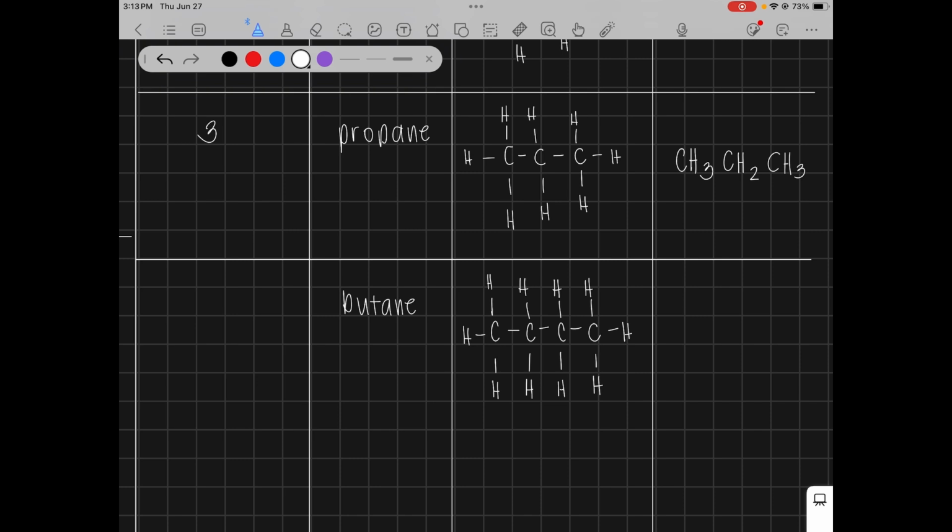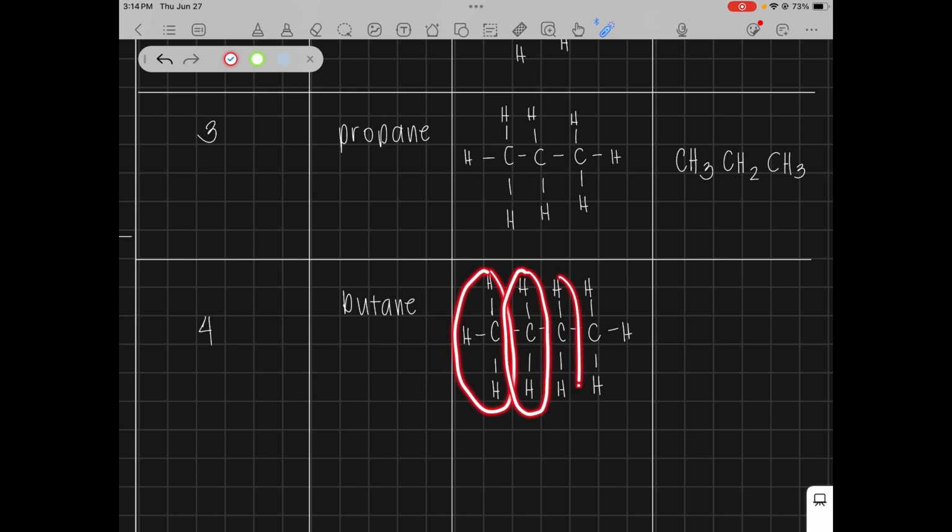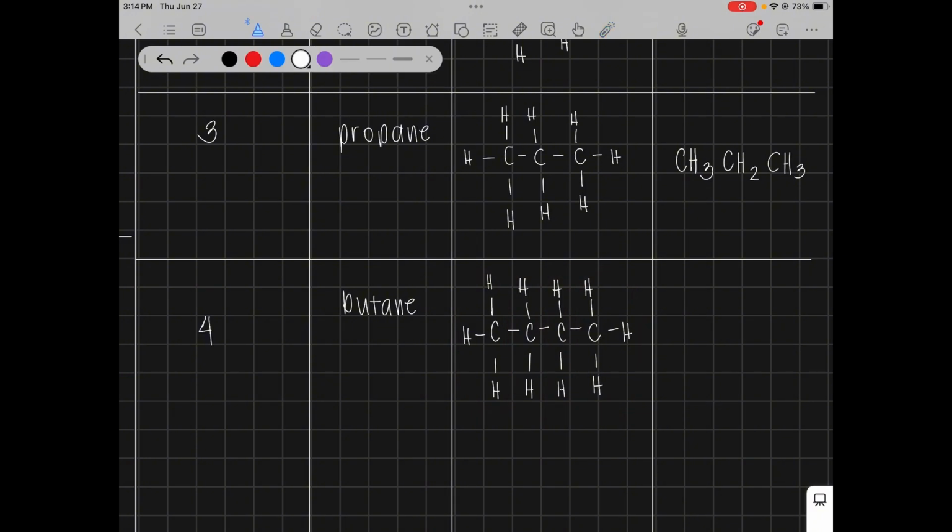So how many carbons do we have? We have here 4. So we'll be writing here 4. And then for the condensed structure, we will start here, then here, and then here. So first we have CH3, CH2, CH2, and then CH3.